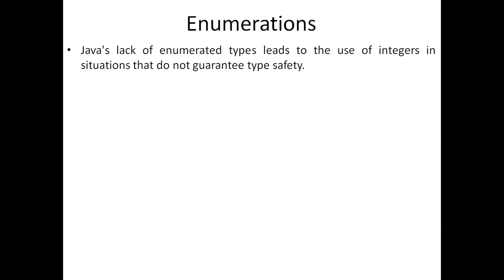And Java's lack of enumerated type leads to the use of integers in situations that do not guarantee type safety. So in Java, sometimes it gives problems during copying of the enumerator type. So the type safety problem happens in Java, and in C sharp, you can see the difference in how this happens. So the enumerator type Direction is here.